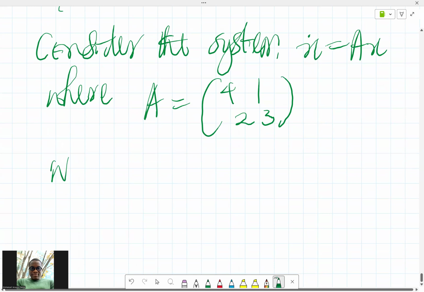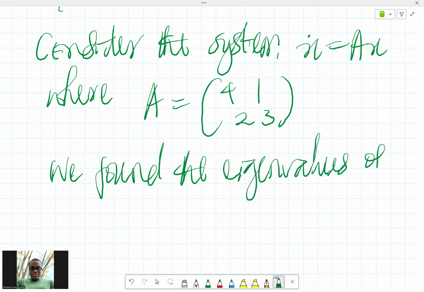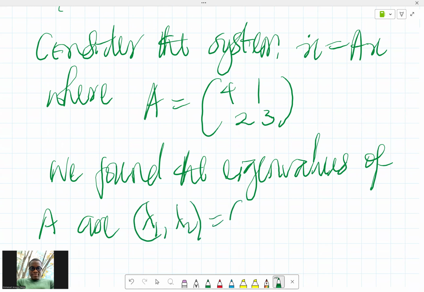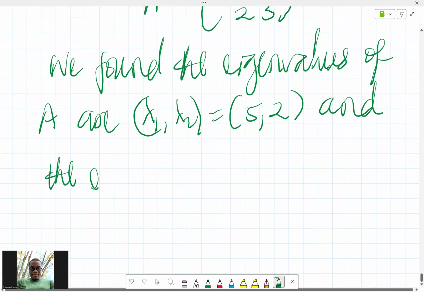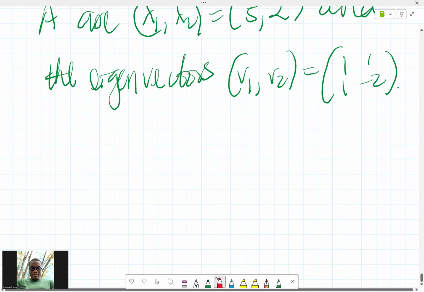Remember we found the eigenvalues of A are λ1, λ2 equals 5, 2, and the eigenvectors V1, V2 are [1, 1] and [1, -2]. So these are going to help us go on.